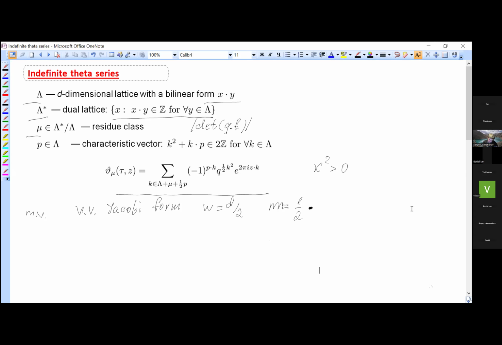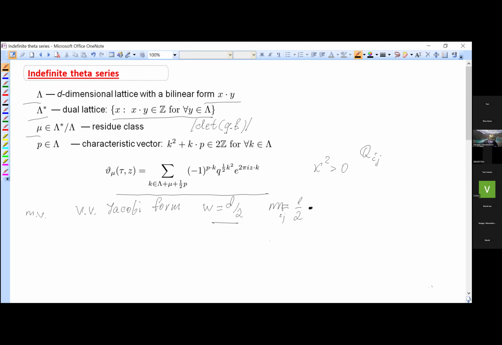So the index is given by a matrix which represents the quadratic form. Weight is d divided by 2, and what is the index? Well, let's denote the quadratic form by Q_ij.